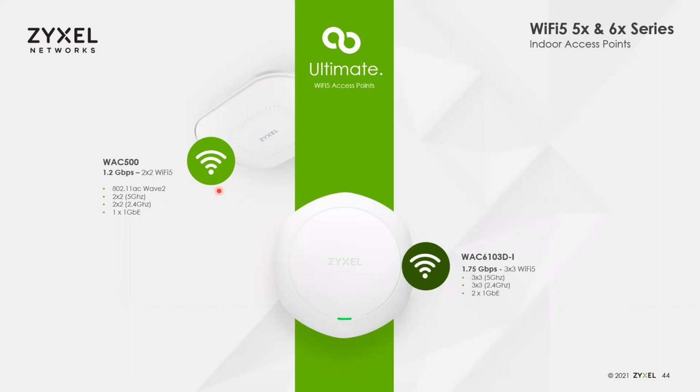So if you're looking for our cheapest AP to do that, the WAC 500 is what you're looking for. And then we've got our WAC 6103D-I. Again, it's a little bit faster on the Wi-Fi, and it's got the dual optimized antennas built in there for you.